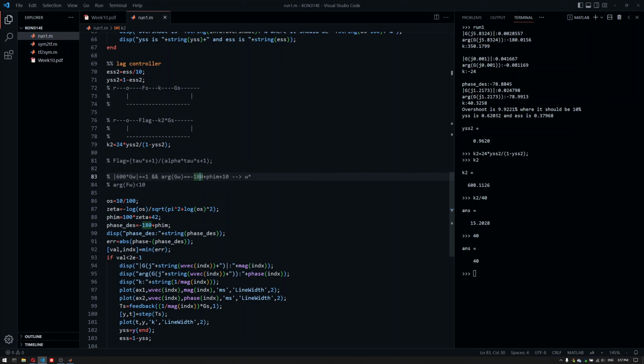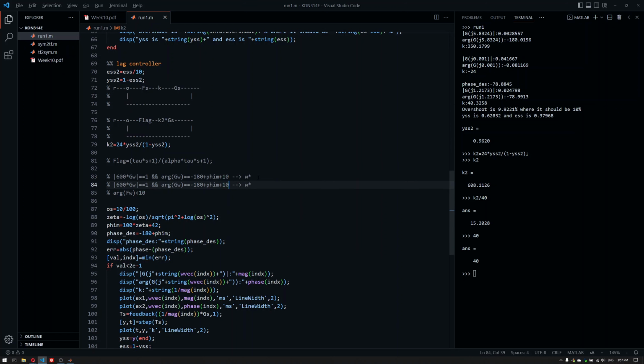But for the phase condition, you just add 10 to it, so that if that's the case, argument f omega plus this, so I'm just adding argument f omega. If this is minus 8, minus 10, then the effect will vanish and you will end up in minus 180 degrees plus phi m. So that's the reason why we have this assumption.